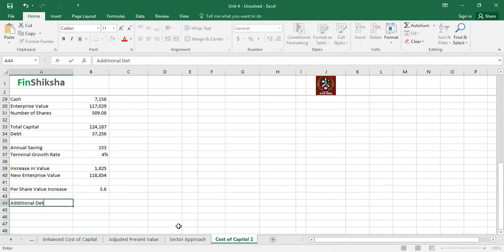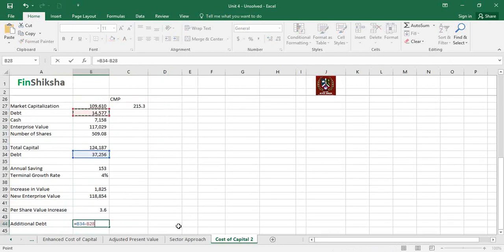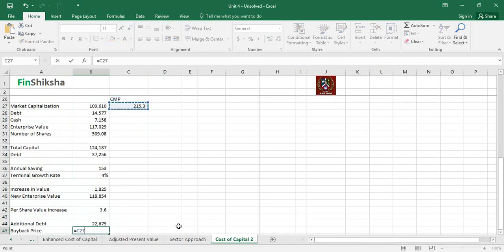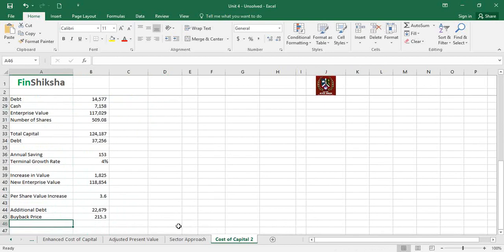The additional debt that the company has raised is 37,256 minus the existing debt, right? The company would take these and buy back the shares at a buyback price, and the buyback price we define as the current market price, 215.3.